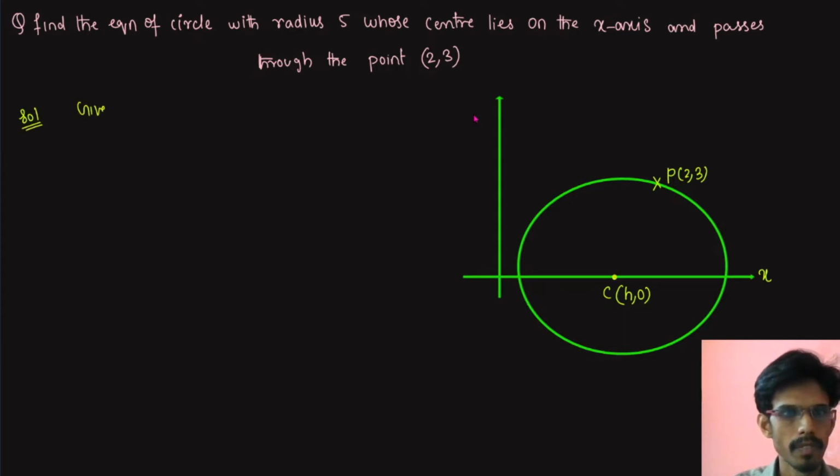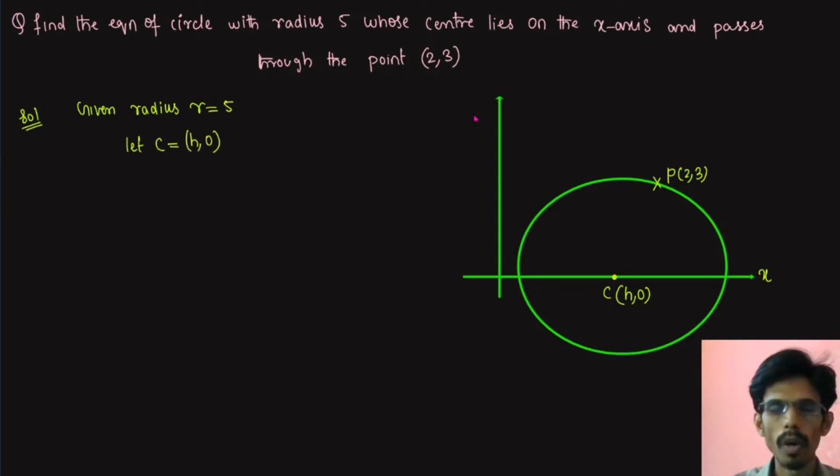Given radius of the circle r as 5 and let center be h, 0 because y coordinate will be 0 on x-axis.